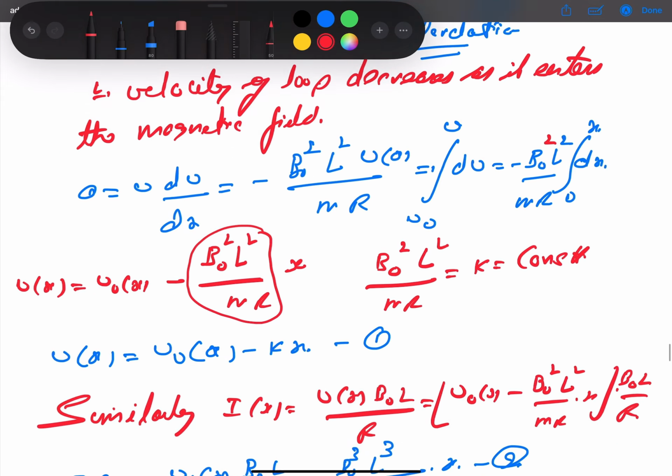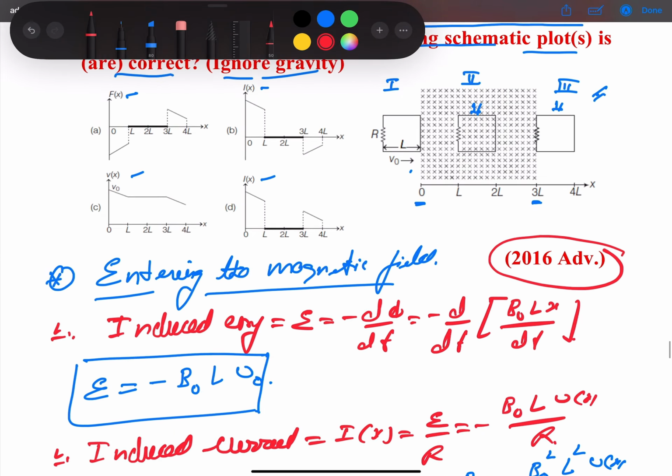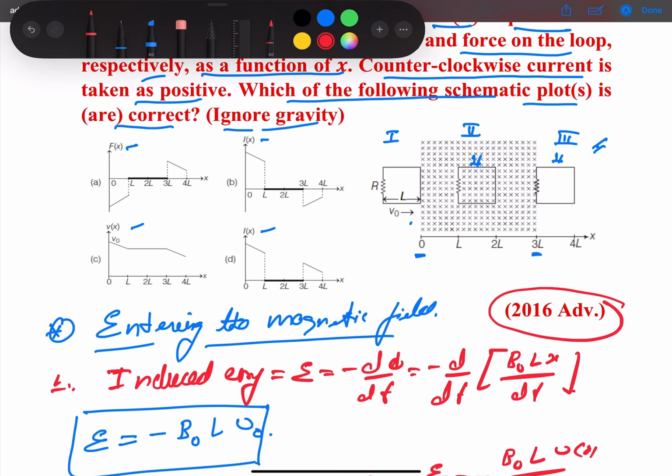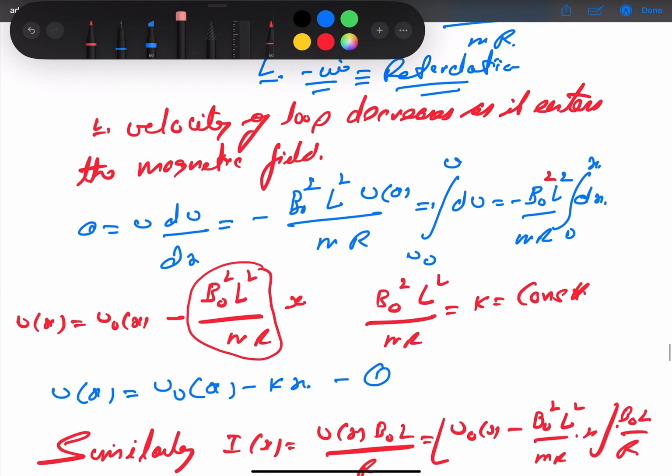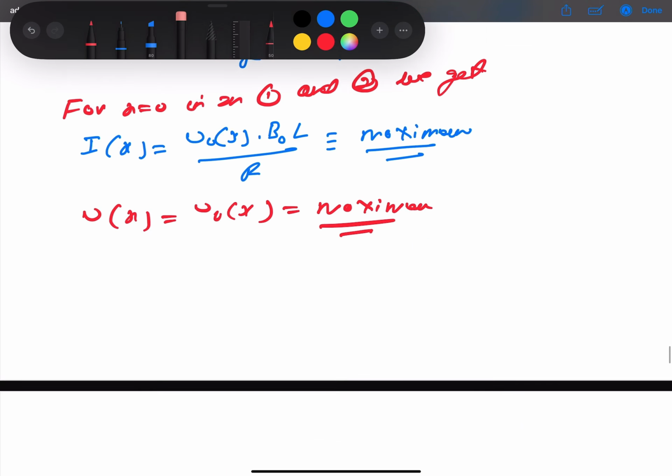So in this case, now the loop is approximately here. Okay. Entire loop is inside, and now we have to find out for the second region.